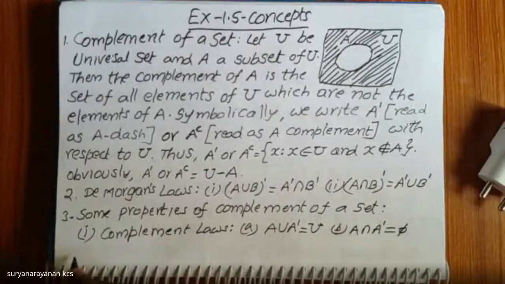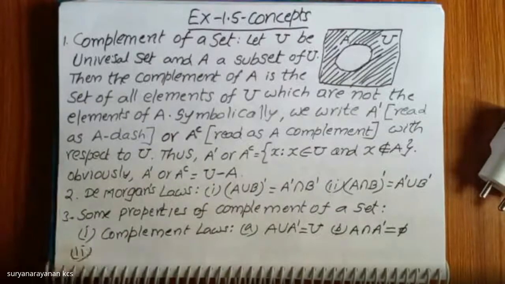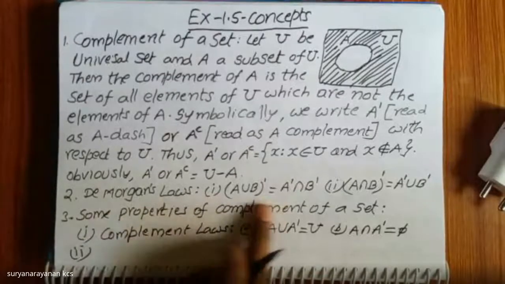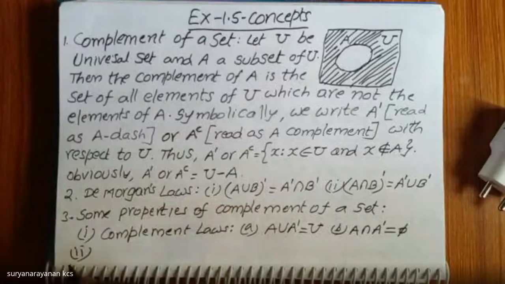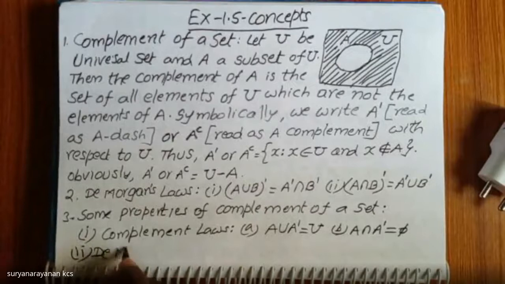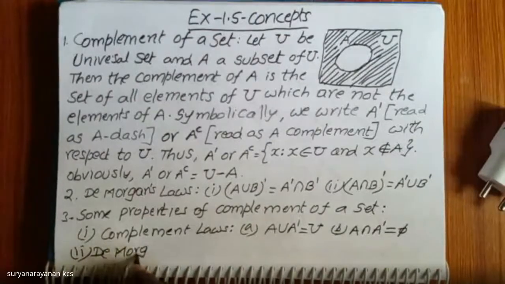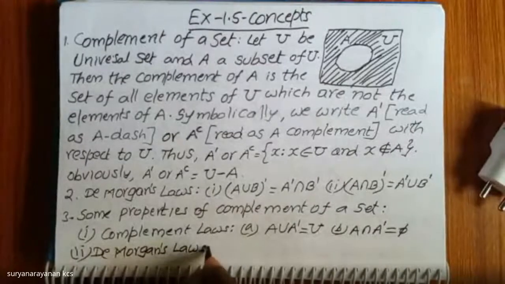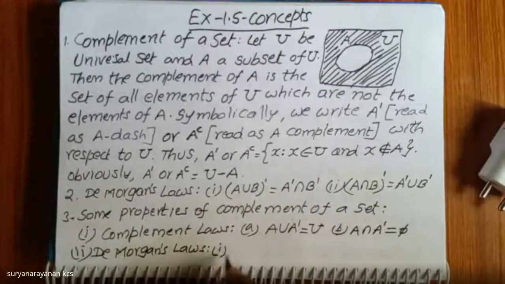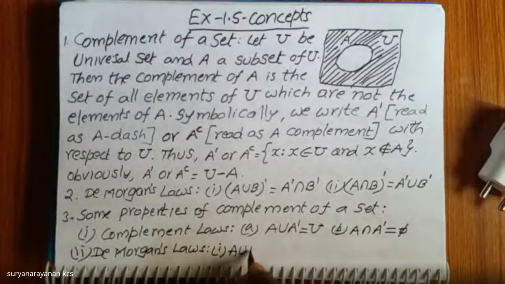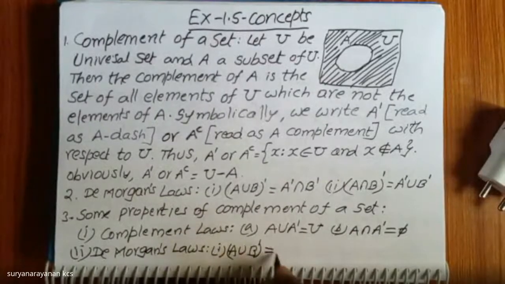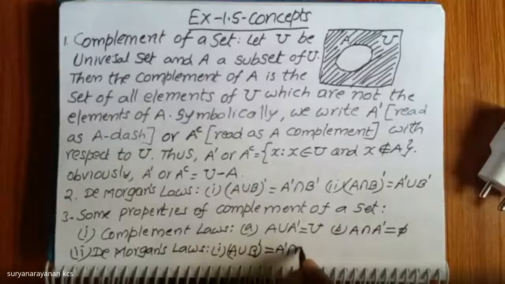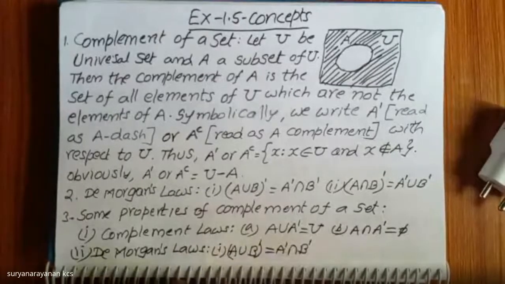And the second one, De Morgan's laws. We have already discussed. Again, I will write De Morgan's laws. The first one, A union B whole dash is equal to A dash intersection B dash.